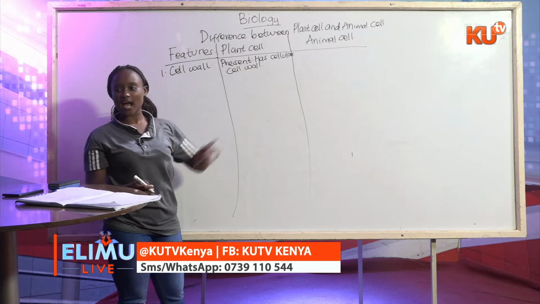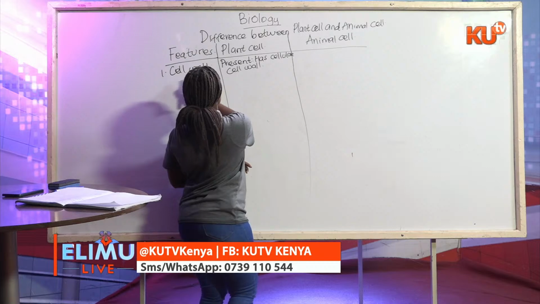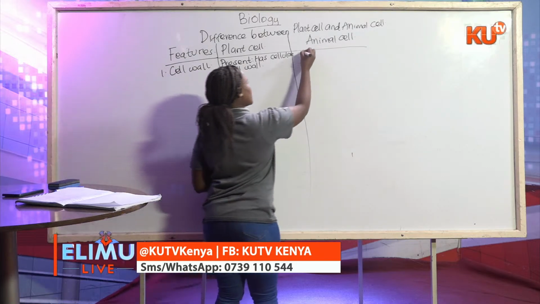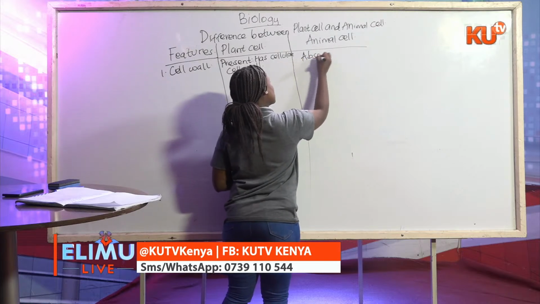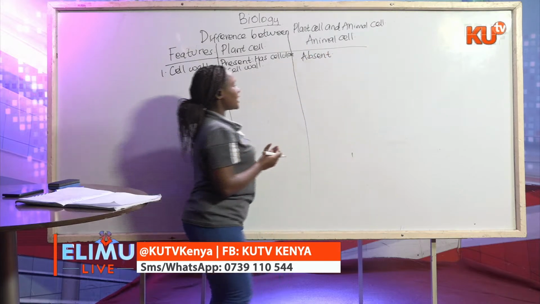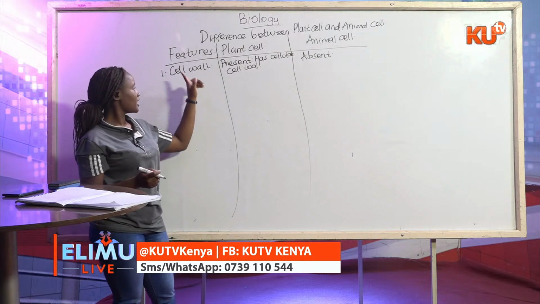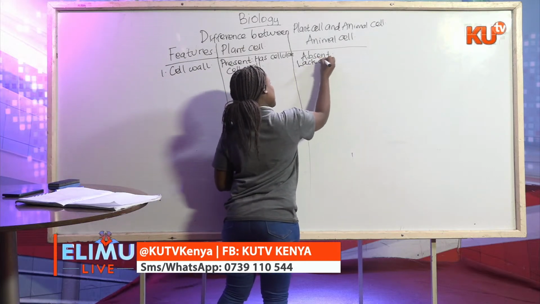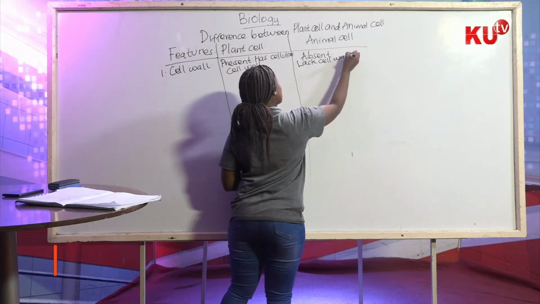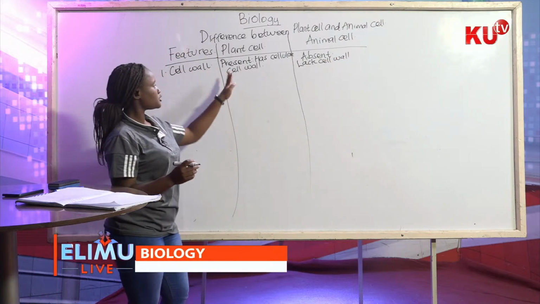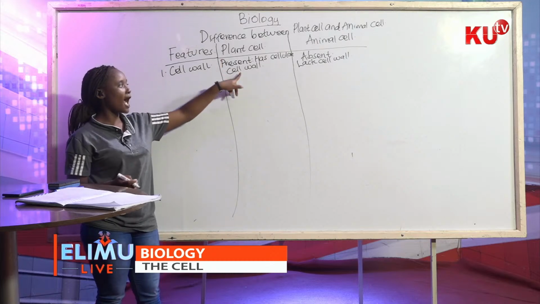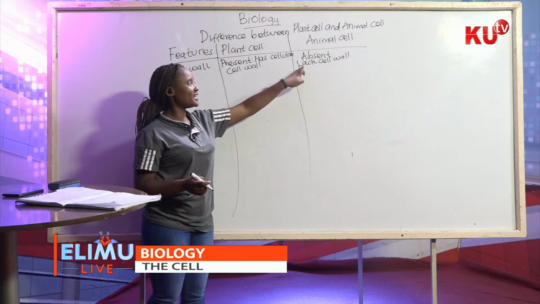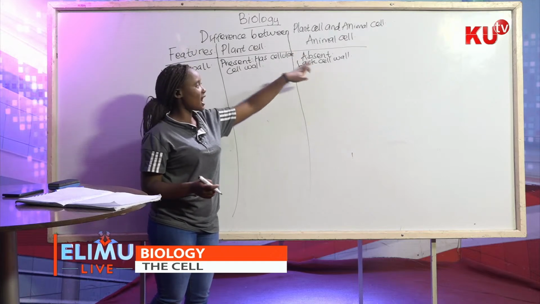In animal cell, the cell wall is absent. So we write here absent. In animal cell we lack the cell wall, which is the same as absent.